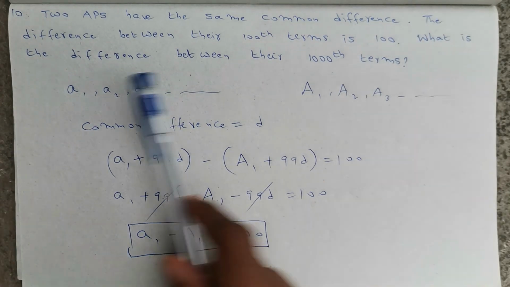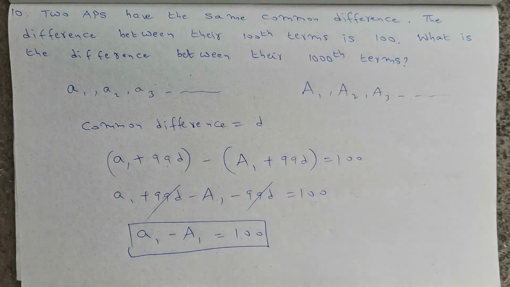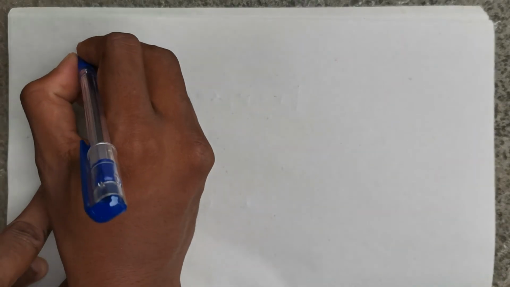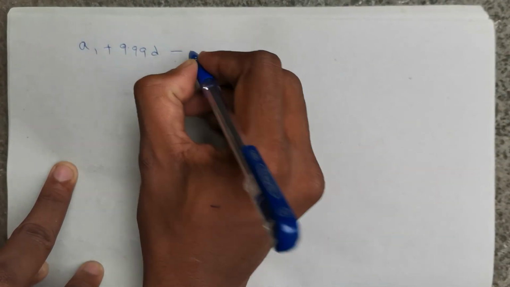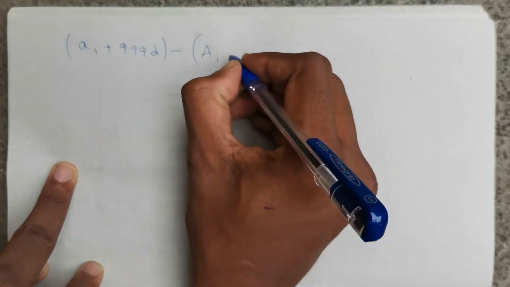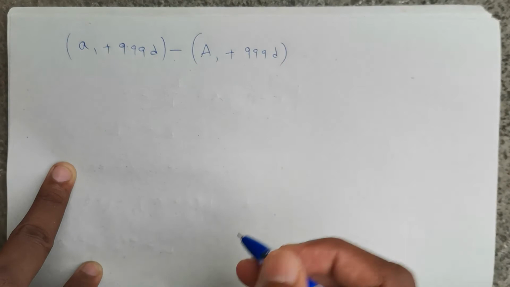Next, then what is the difference between their 1000th term? What will be the 1000th term? a1 plus 999d minus capital A1 plus 999d. This value we need to find out now.